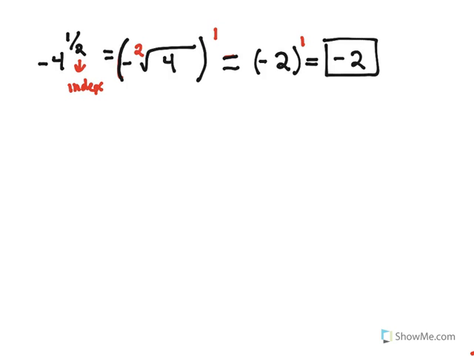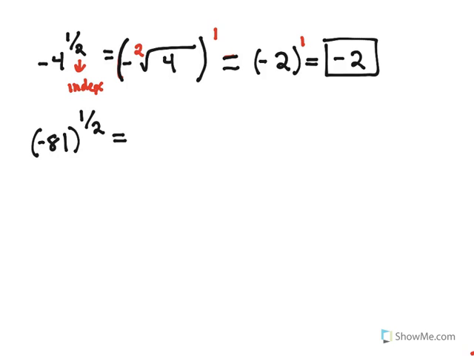Now let me show you what happens when there are a set of parentheses. Let's say you had negative 81 in parentheses raised to the 1/2 power. This is going to change the game a little bit.